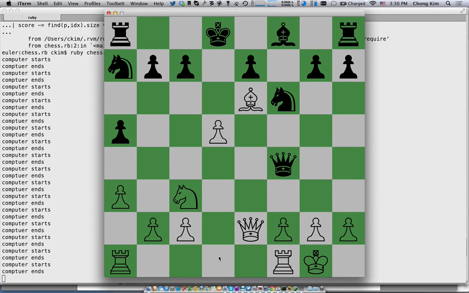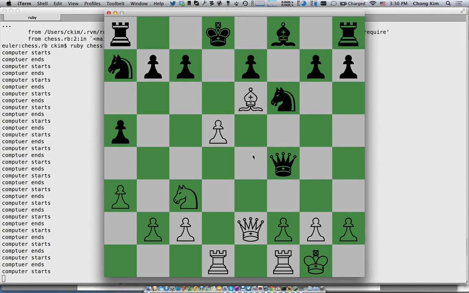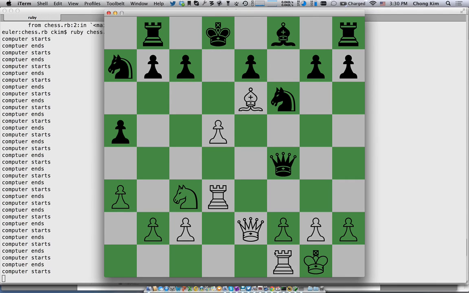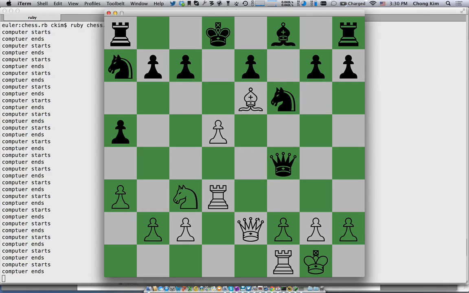But it doesn't know anything about position except for the center. And I think we may be past the point where the center is important. So let's see. The next thing we need to do is figure out how to do as many calculations as we can, because right now we're just doing a depth 1.